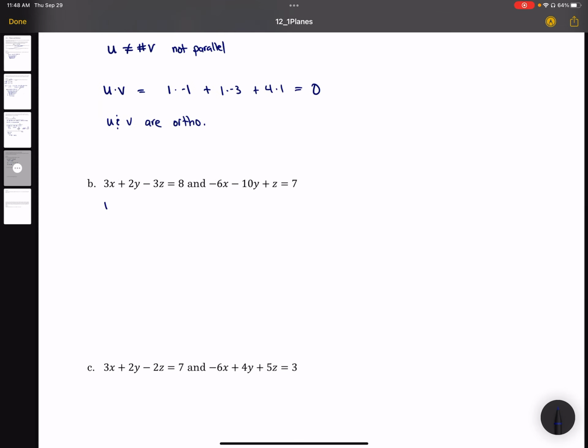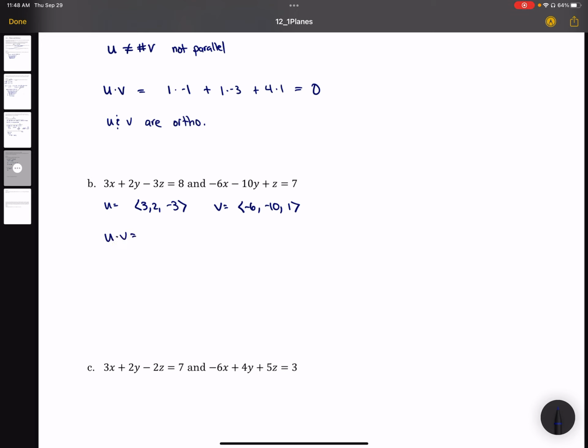So for B, we know U is 3, 2, -3, and V is -6, -10, 1. And again, clearly they're not parallel because U is not a multiple of V. So we check the dot product.